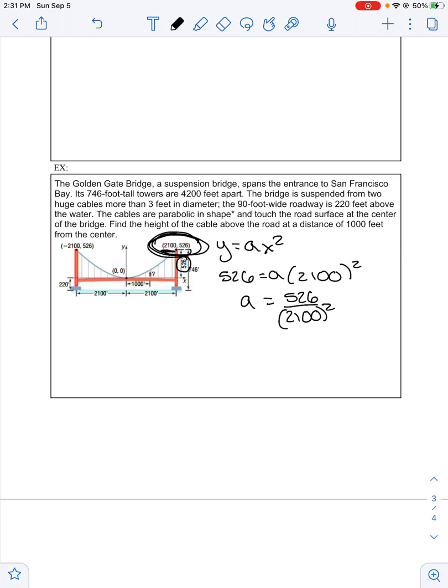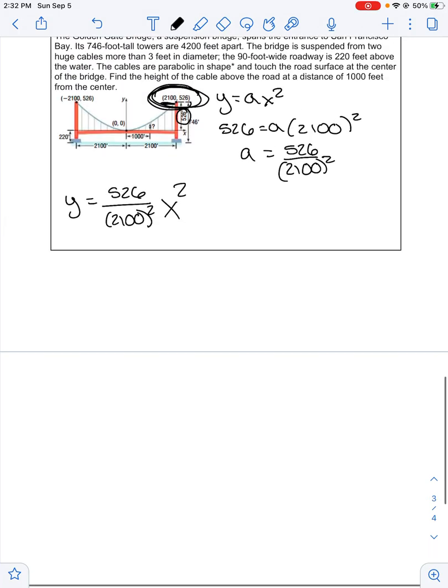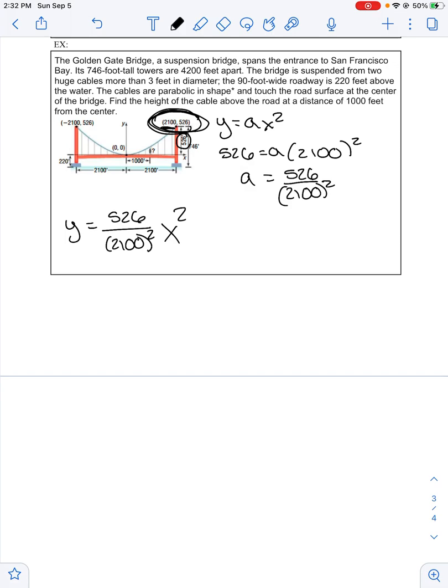Then the equation of the parabola, knowing what a is, y equals 526 over 2,100 squared, and since it's a parabola, we have x squared. And now we're looking for the height of the cable when x equals 1,000. So find the height of the cable above the road at a distance of 1,000 feet.